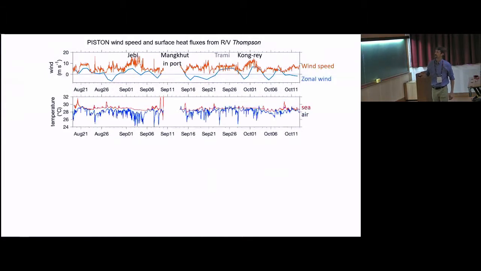And here's the sea surface temperature and air temperature. The sea surface temperature is almost always warmer, which is typical of the tropics. And you can see when the wind stress is weak, you get these little spikes in sea surface temperature. These are diurnal warmings.